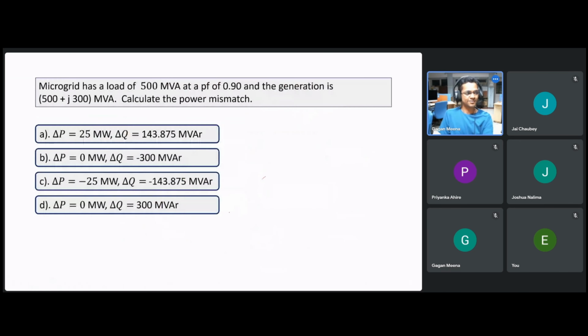So this is the first question. A microgrid has a load of 500 MVA and power factor is 0.9, and generation of 500 plus j300 MVA. So we have to calculate the power mismatch.